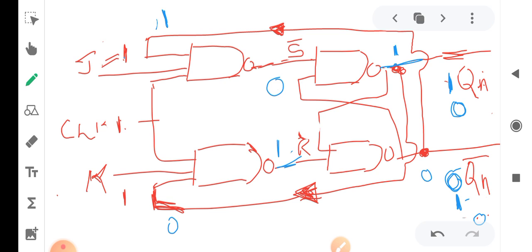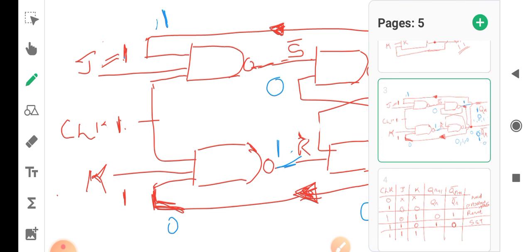So the value of Q1 complement will be raising like 0, 1, 0 like this, and the value of Q1 will be raising like 1, 0, 1 like this. So it will go on further.